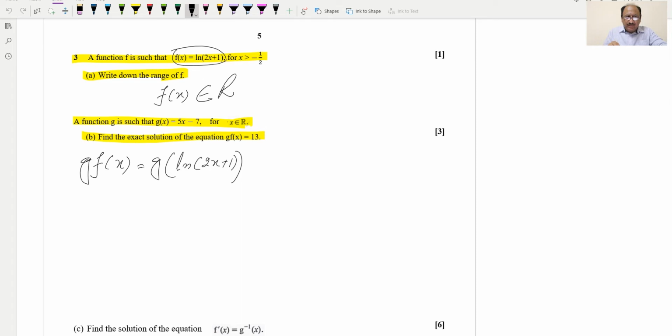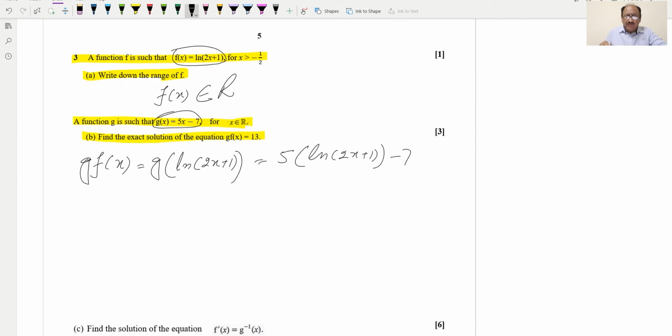Now we can apply g here, this will be 5x, so 5 into log of 2x plus 1 minus 7. We have replaced in this g of x value; we applied that function, so we got this one.